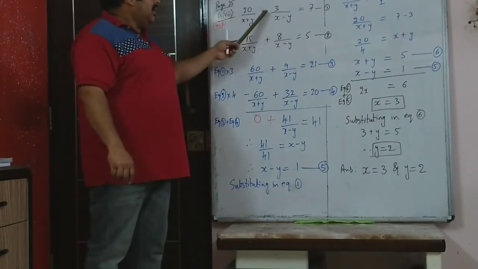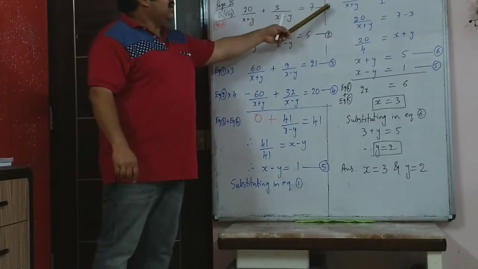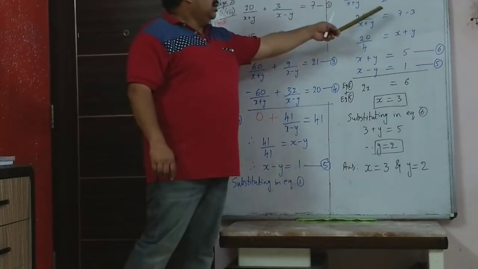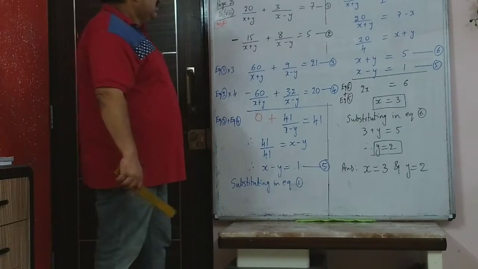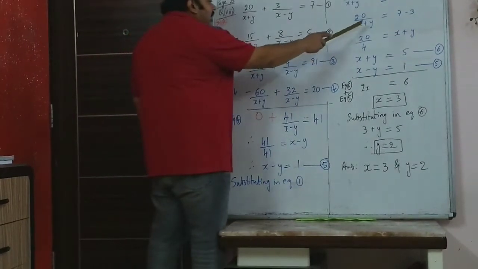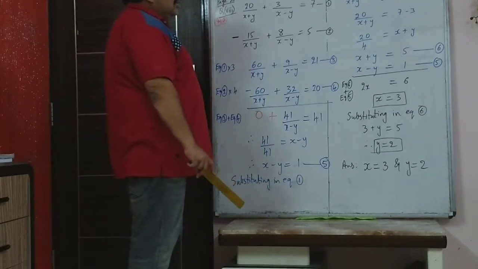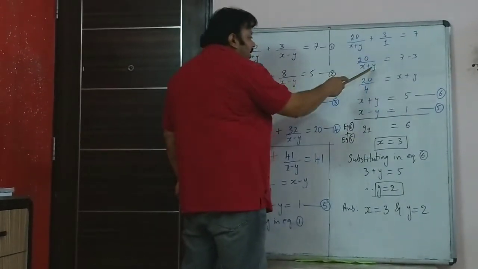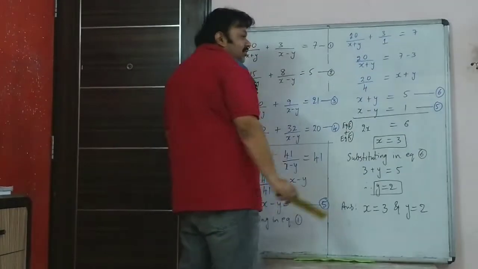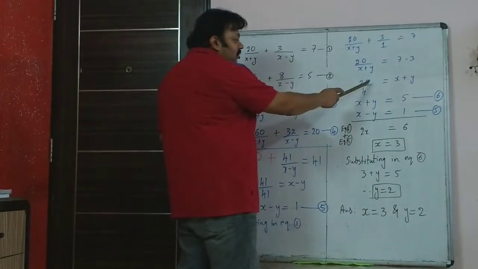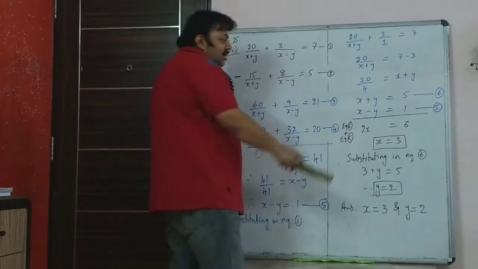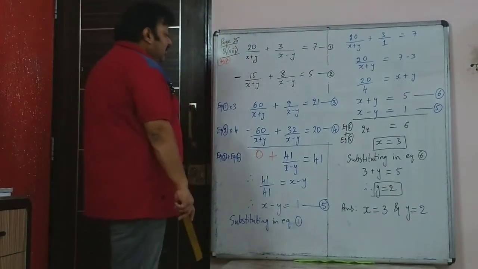Now we substitute this x minus y equal to 1 in equation 1. So this will become 3, and that 3 I shift there, so it will become 20 upon x plus y is 7 minus 3. So 20 upon x plus y is equal to 7 minus 3, that is 4. That 4 comes to the denominator, x plus y is shifted there. So 20 upon 4 is 5, x plus y is 5, that is equation number 6.